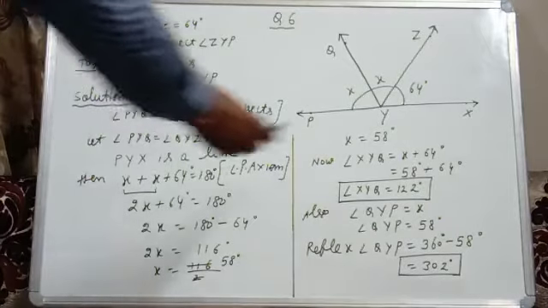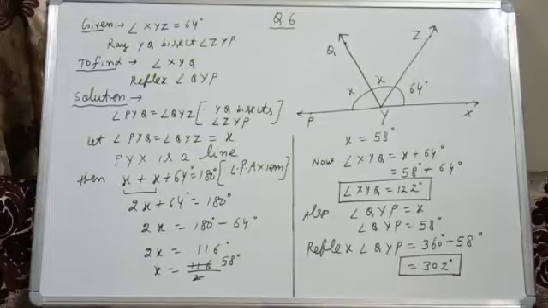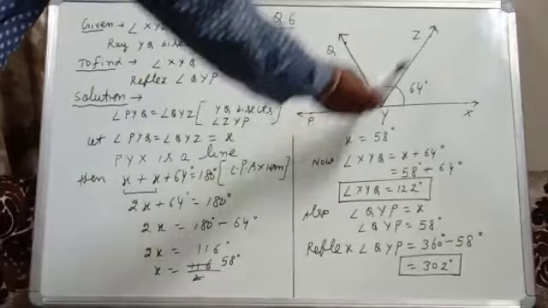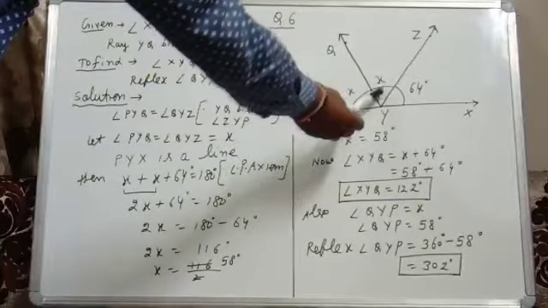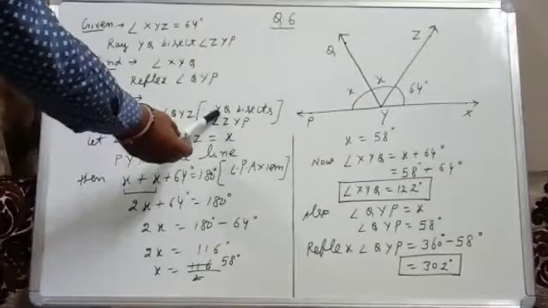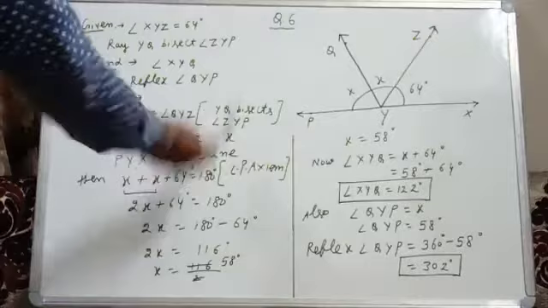So, solution. Here we see that PYX is a line. If this is a line, then the sum of these three angles will be 180. Before this, because YQ bisects ZYP, these two angles will be equal: PYQ and QYZ. Let these two angles be x.